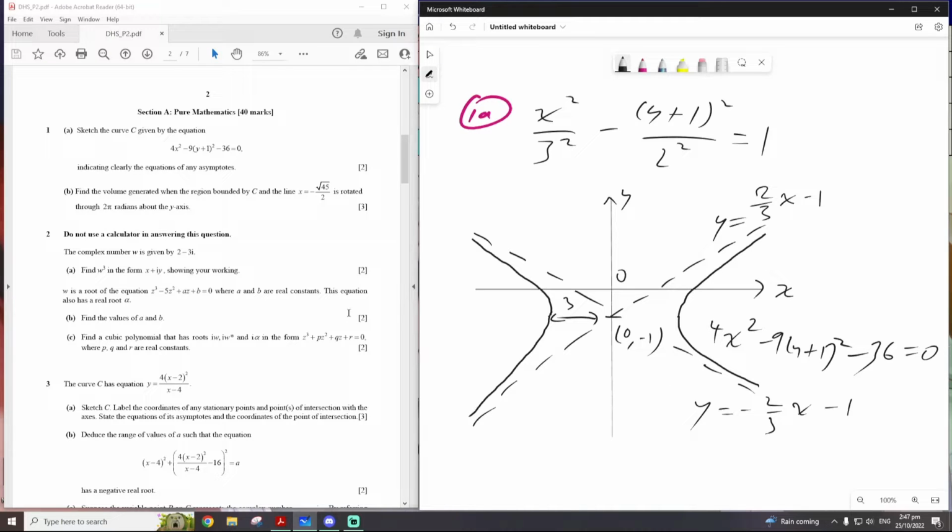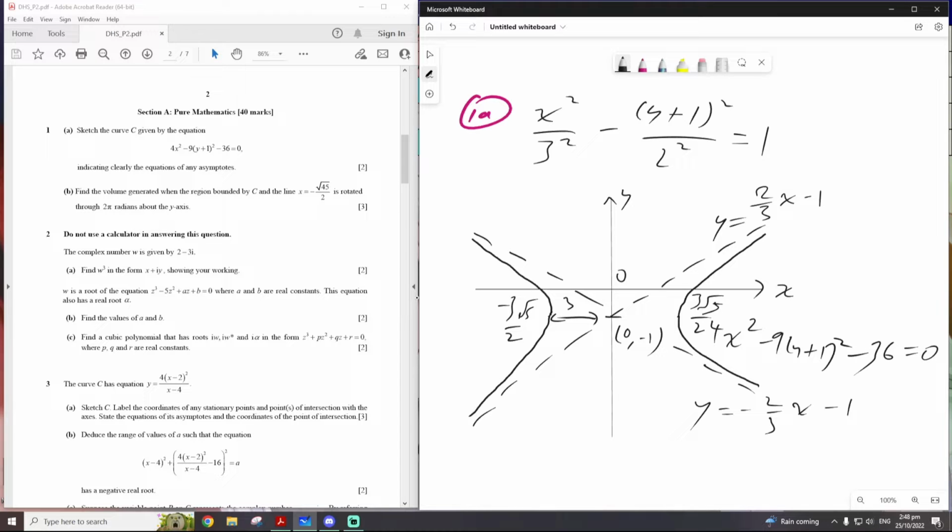Okay, find the volume generated when the region bounded by the curve and the line x equals -√45/2 is rotated through 2 pi radians about the y-axis. So you will actually notice that this will be exactly this point here. So let me label this intercept actually. -3√5/2 and positive 3√5/2.